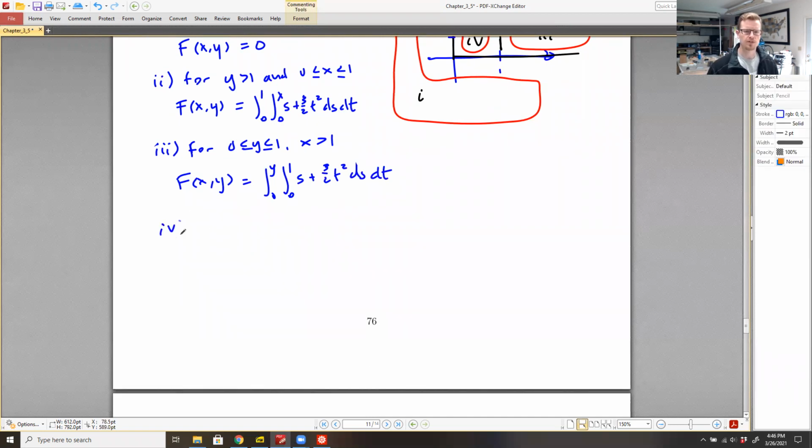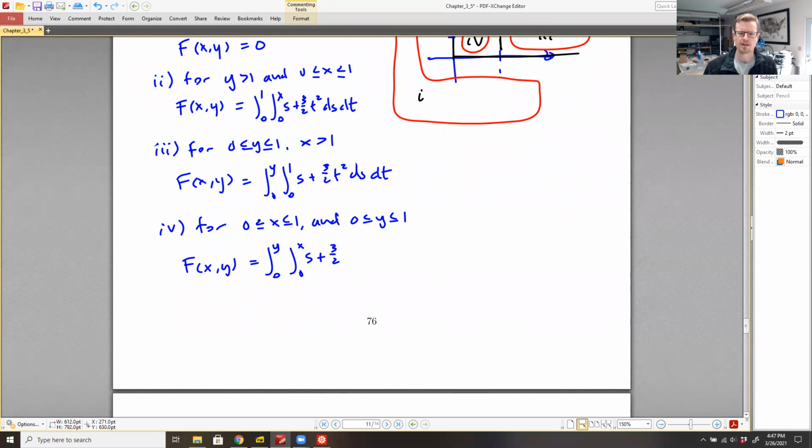For the fourth region, that's the very convenient region. This is where we actually have both x and y between 0 and 1. For x values between 0 and 1, and y values between 0 and 1, our cumulative joint probability distribution function is the integral from 0 to y, integral from 0 to x, of s plus 3 halves t squared ds dt.